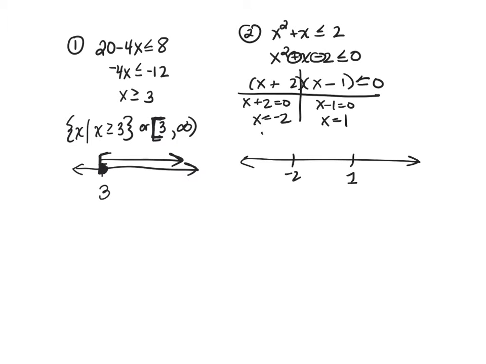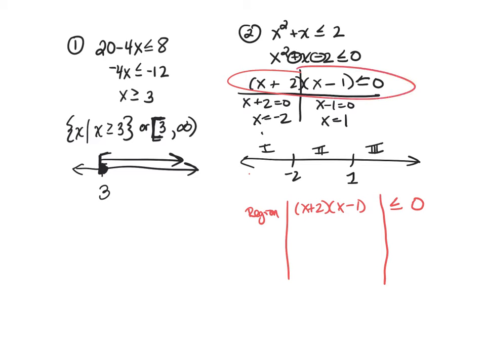So remember, this divides it into regions. Region 1, region 2, region 3. You want to pick a value in each region so you can test it. So we have made a chart. We can write our region here. We put our function that we're looking to test the signs of here. I basically just read it from here.